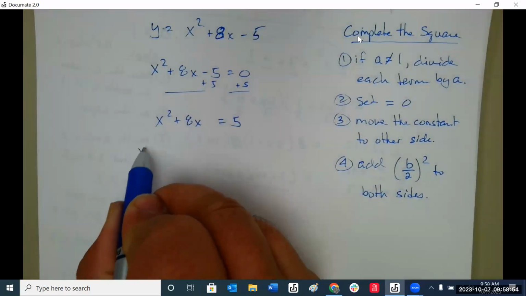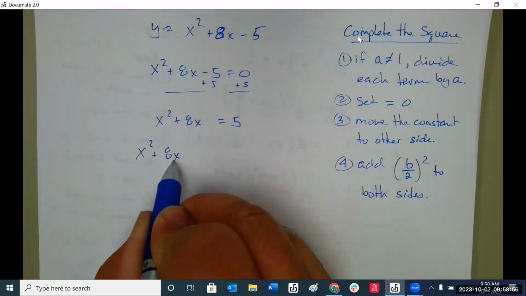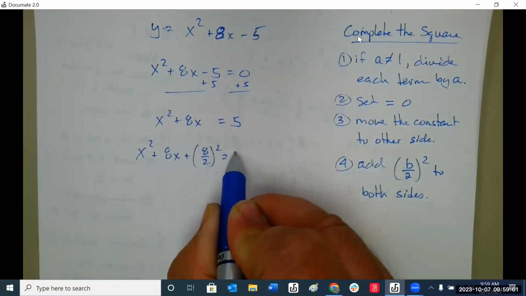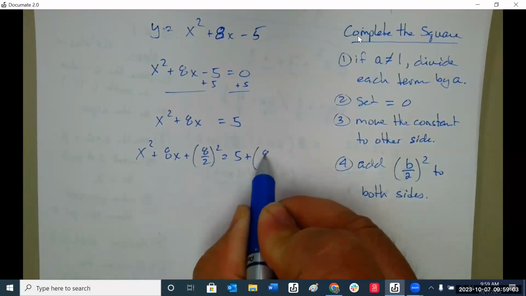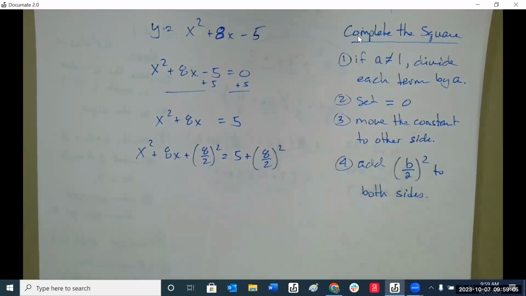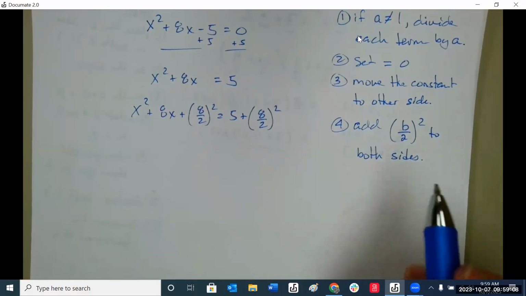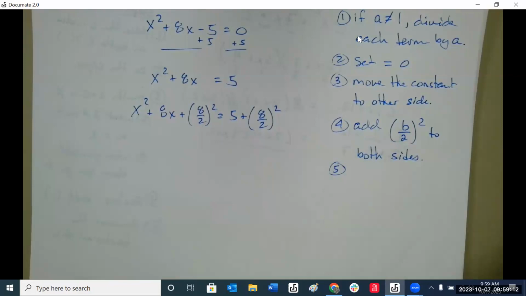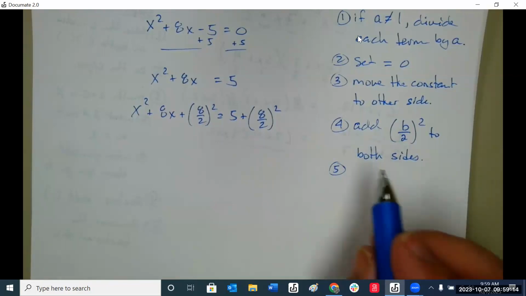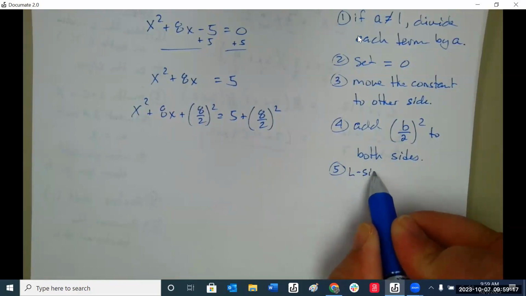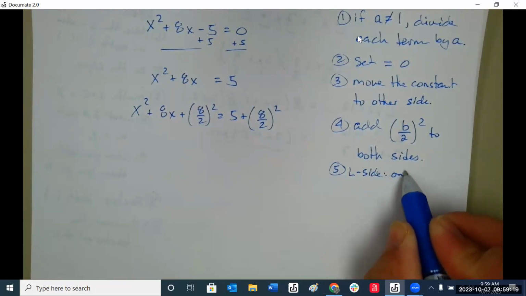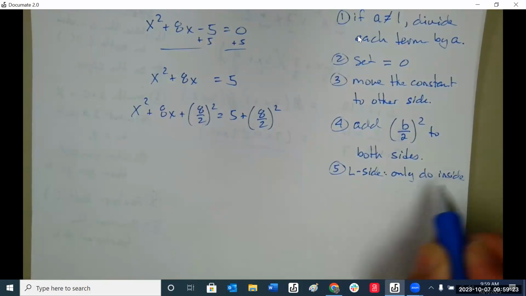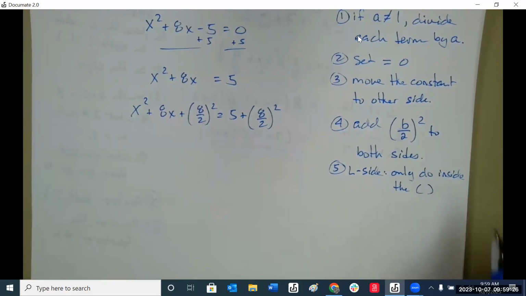So we add (8 over 2) squared to both sides. The left side, only do it inside the parentheses. Don't square it.